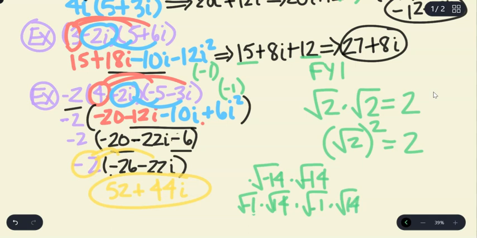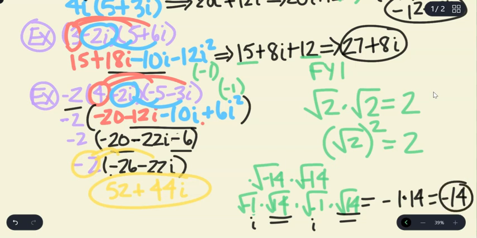Well, the square roots of negative 1 are i's. What's i times i? What's i squared? Negative 1. What's the square root of 14 times the square root of 14? 14. So what's the square root of negative 14 times the square root of negative 14? Negative 14. So just remember your product rule with your radicals.